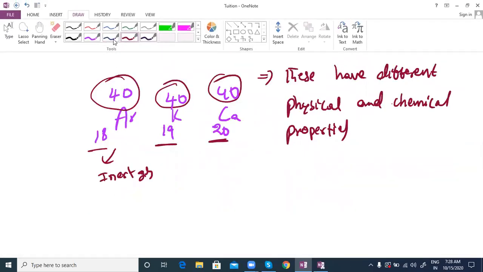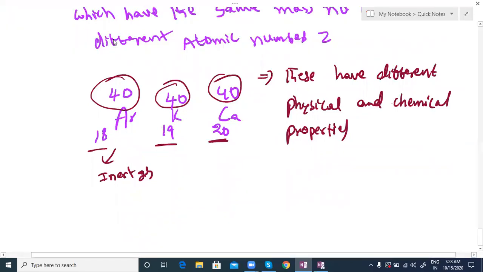Next we have isotones. Iso means same, tones means neutrons here.